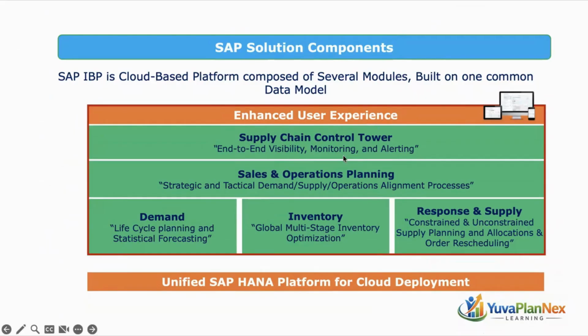Now if you look at, so these are the major modules of IBP. So first one is the demand. What is the general demand planning cycle? Irrespective of the tool, first thing is you need to gather the historical data. Once you gather the historical data, you need to clean the historical data, right?